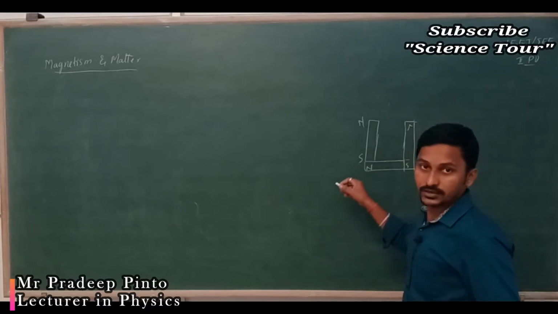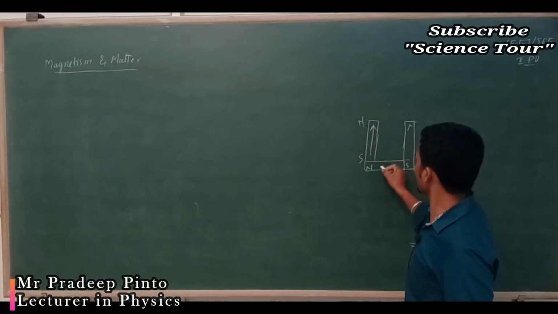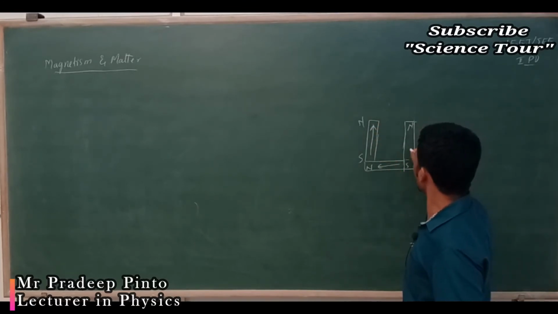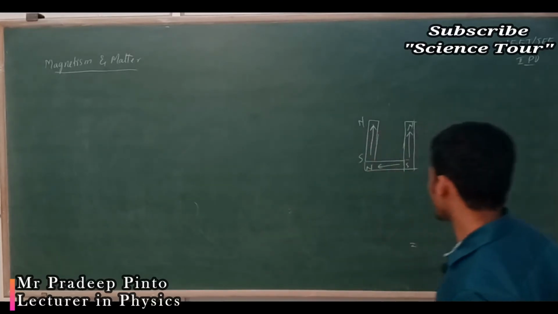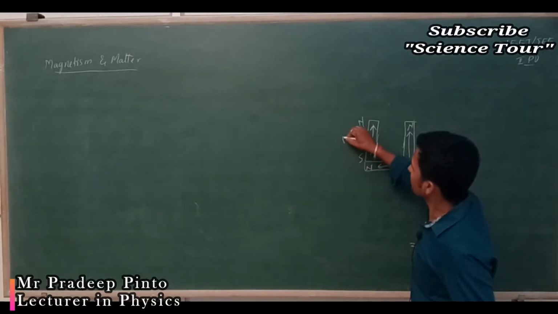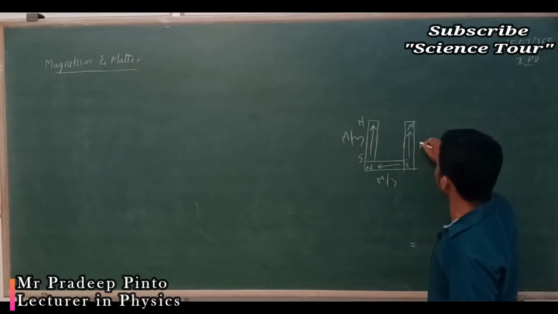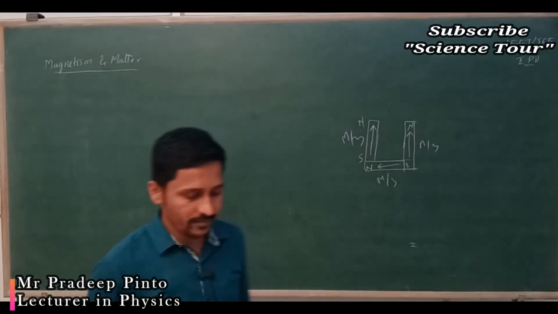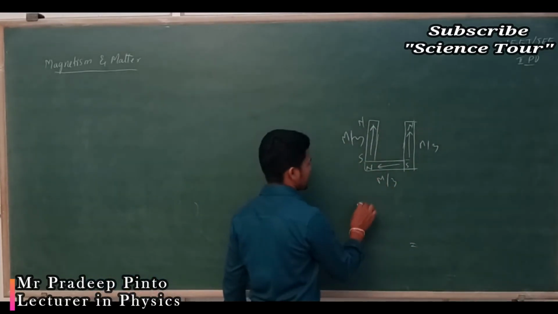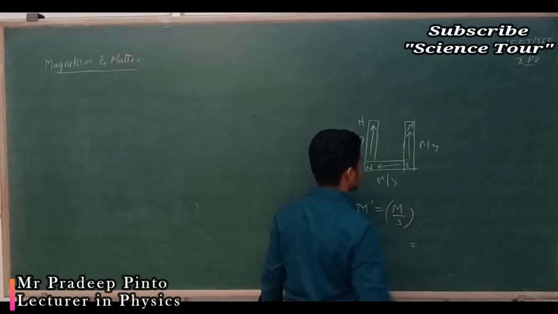So what is the direction of the magnetic moment? South to north, in this way, right? If you bend equally, the magnetic moment is divided by 3, m by 3, isn't it? That is what is going to happen, and the net magnetic moment in this case we can write as m by 3.